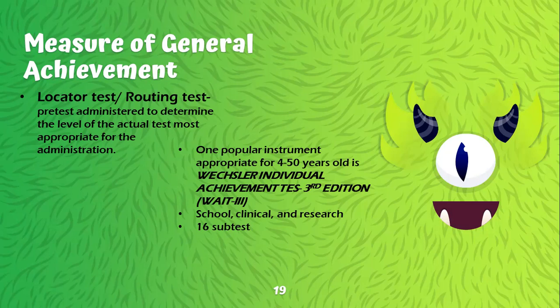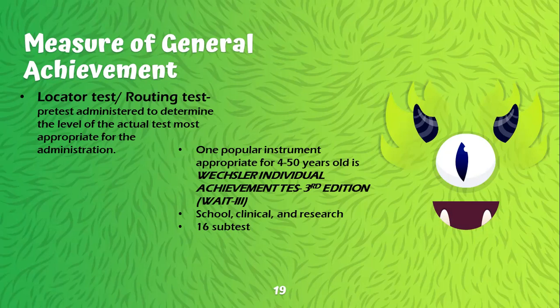So the tests have been favorably viewed tungod sa iyahang potential na mag-provide og information related sa mga students' achievement in academic areas such as reading, writing, mathematics, and skills in listening and speaking.